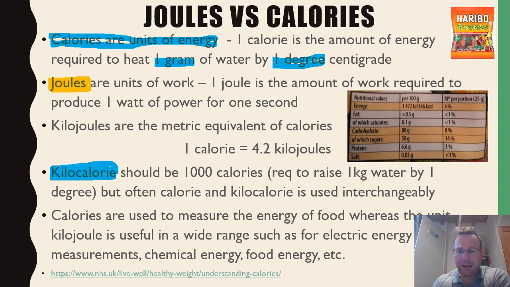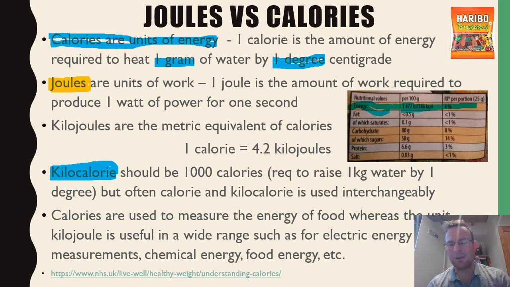So on the right hand side, let me just pop it in blue. Can you see that in there? I'm just popping it on there. So this is from a bag of Haribo. So 1,472 kilojoules, and that's 346 kilocalories.